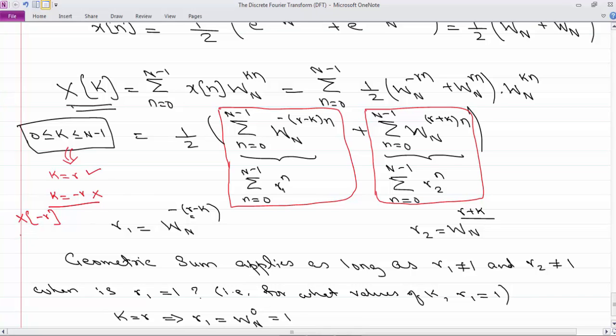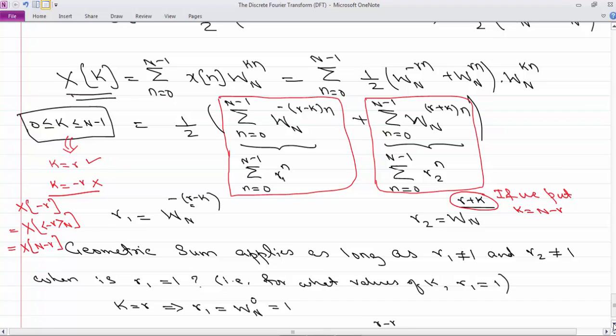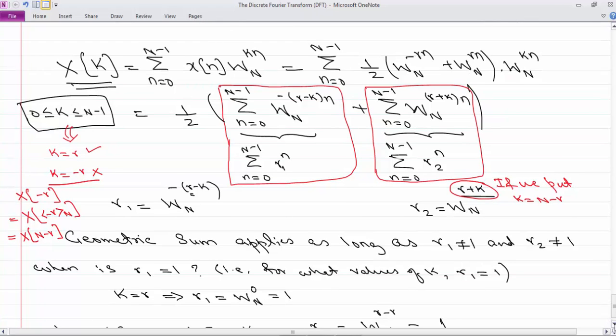So earlier we defined that x of minus R is equal to x of minus R mod N. R is a number between 0 and N minus 1, so if you use the mod formula that I told you earlier, that is also equal to x of N minus R. It's capital N minus the remainder of the absolute value of R divided by N, which will be R. You can indeed verify that if we put k equal to N minus R, then R2 will also be 1, and that is the right k that we need to work with.